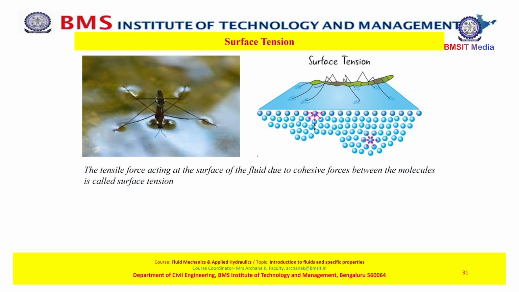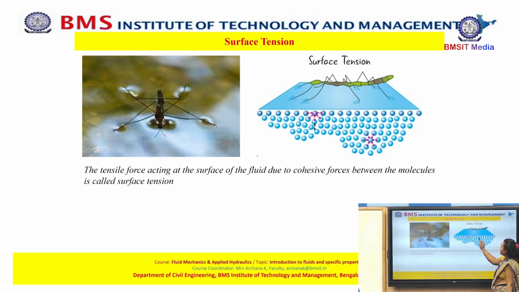If you see the water molecules at the free surface, suppose this is a free surface, any molecule beneath the free surface is going to be attracted in all directions by the neighboring water molecules. But when you come to the top, you have the molecule at the top and there is no other water molecule to attract it in any direction at the top.